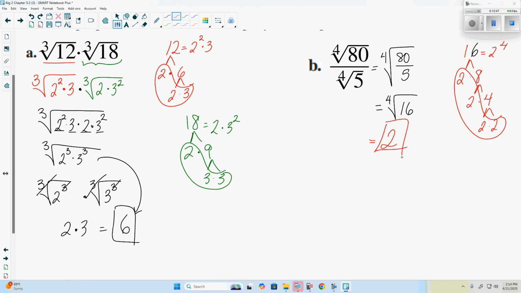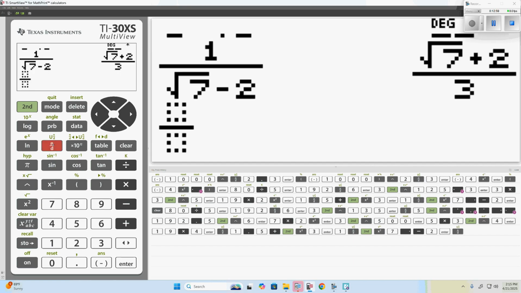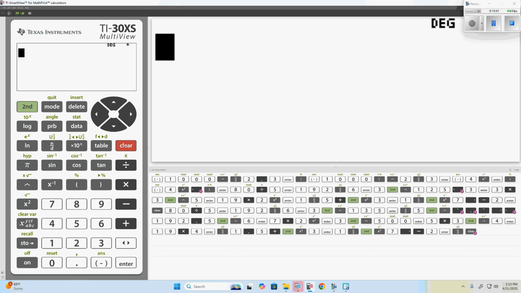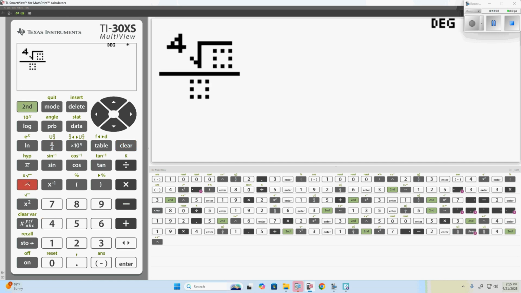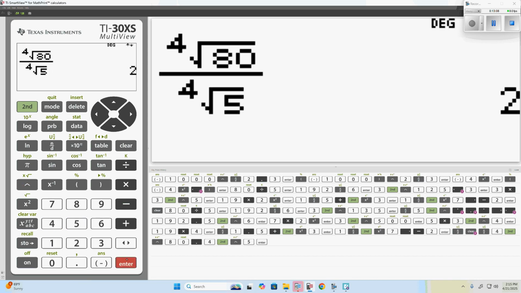Yes? 2. And luckily enough, if they do simplify nicely, the calculator would do it. It would take the 4th root of 80 divided by the 4th root of 5. Clear on that now. The 4th root of 80 divided by the 4th root of 5 is indeed 2.